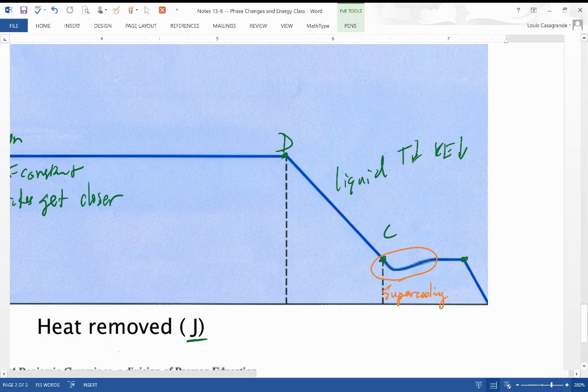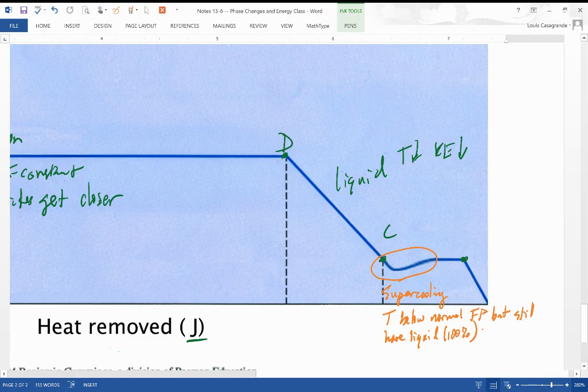Supercooling, what that means is that the temperature is below the normal freezing point. But we still have a liquid. And it's 100% liquid. It's all liquid at this point.